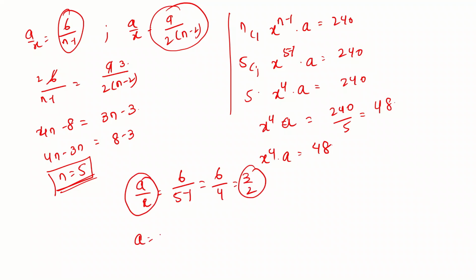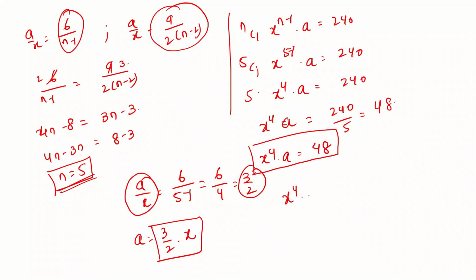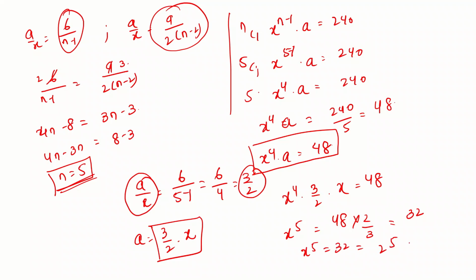So a is equal to 3 by 2 into x, and I can put this value of a over here and then find out the value of x. So x to the power of 4 into 3 by 2 into x is equal to 48. So x to the power of 5 is equal to 48 into 2 by 3. 3 16s are 48. 16 into 2 is 32. So x to the power of 5 is 32, which is 2 to the power of 5. So I get x is equal to 2.